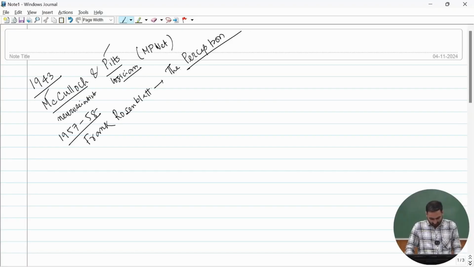And then later on, around 1965, 1966 or 68, the multi-layer perceptron was proposed. So this is a single perceptron, and now the multi-layer perceptron. We'll discuss all these models in today's lecture.